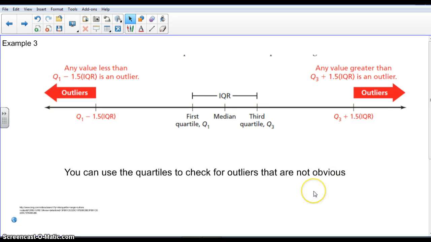Okay? This is used when you are checking for outliers that are not as obvious as the ones that we do in class. Right now, at this level, when we do a dot plot, you see the outliers. They're totally obvious, but sometimes outliers aren't very obvious and you have to calculate them, and that's what this is.